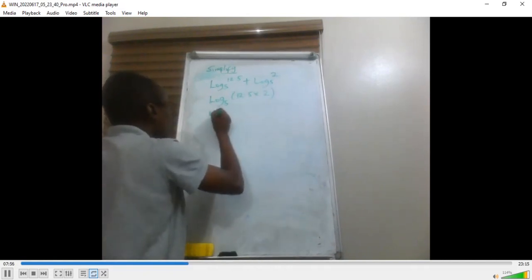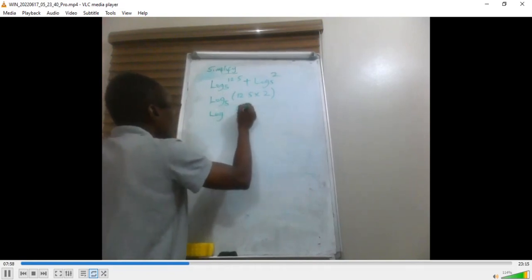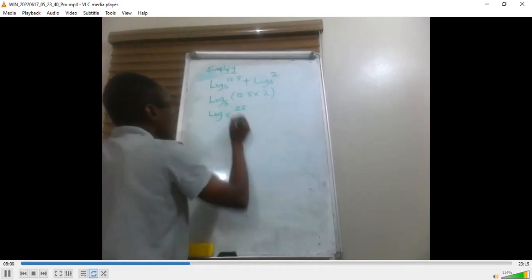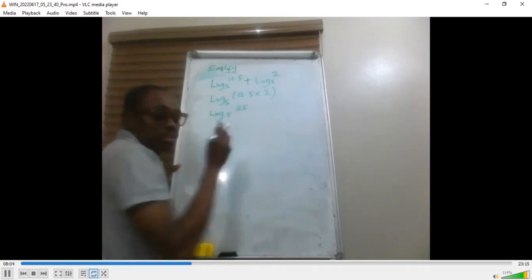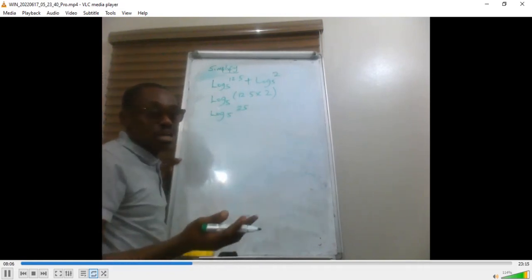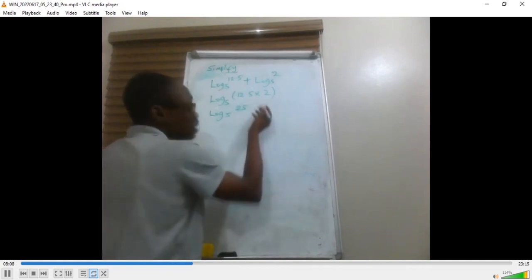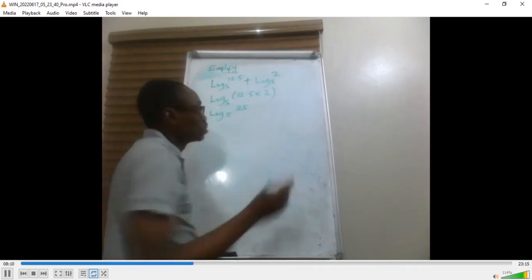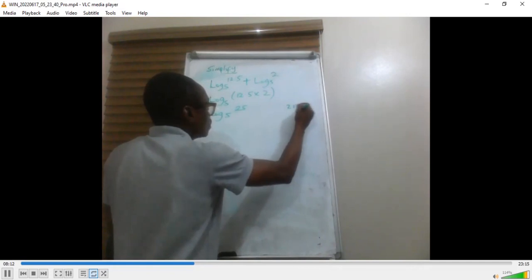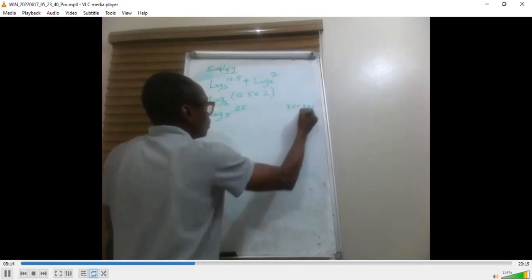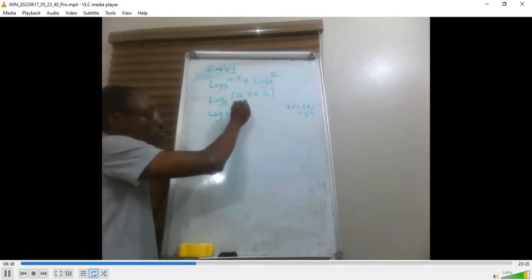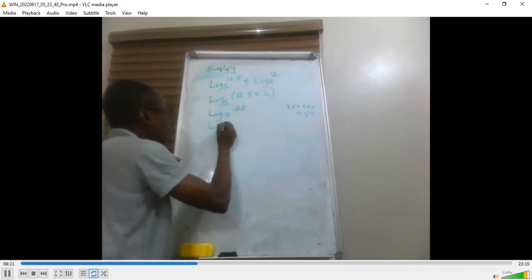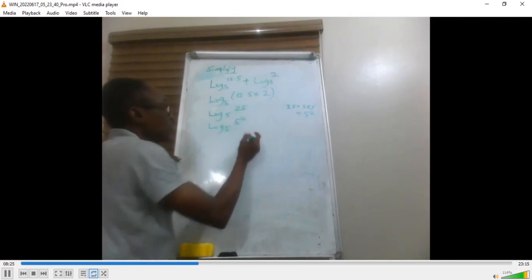So you have log 25 base 5. 25 is 5 times 5, which is the same thing as 5 raised to power 2. So you can replace 25 with 5 raised to power 2. So you have log base 5, 5 raised to power 2.